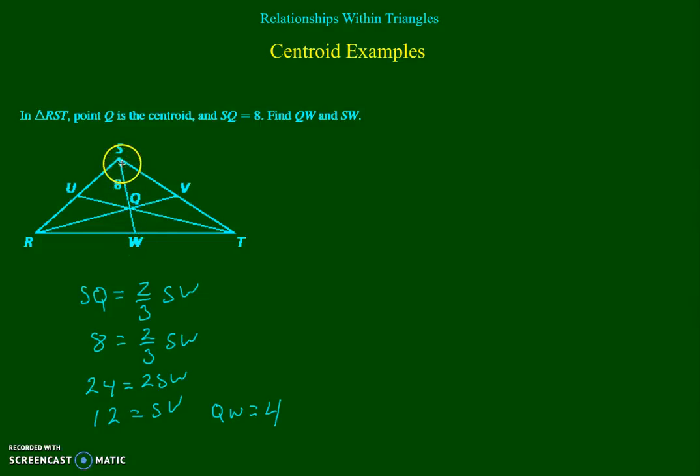It's a non-analytical, non-algebraic way to do it, but it still gets you to the same result: QW is 4 and SQ is 2 of these QWs, which makes it 8.